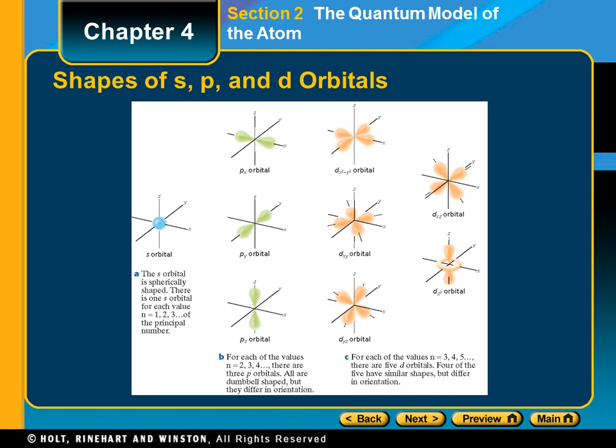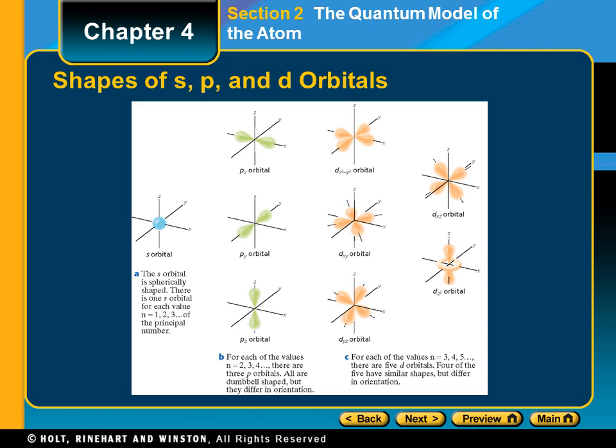Energy level 3 has one s orbital. Then we go to the p orbitals. Notice the p orbitals are dumbbell shaped, and there are 3 p orbitals for each energy level. So energy level 2 has one s orbital and 3 p orbitals. And you can see the p orbitals are dumbbell shaped, oriented on the z-axis, the y-axis, and the x-axis.